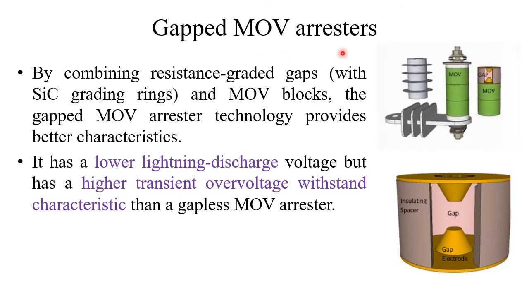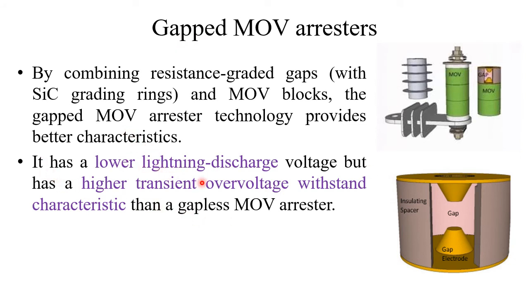Gapped MOV arresters. These arresters combine the silicon carbide grading ring, that is the resistance graded gap, with the MOV technology. So it is the combination of having the gap and the MOV technology, hence it is called gapped MOV arresters.